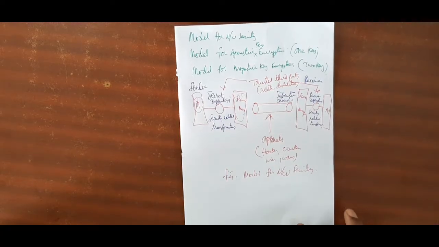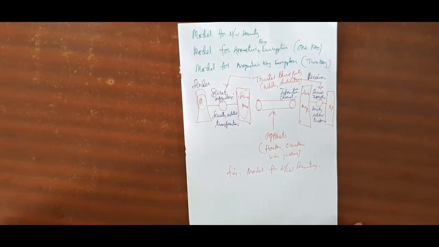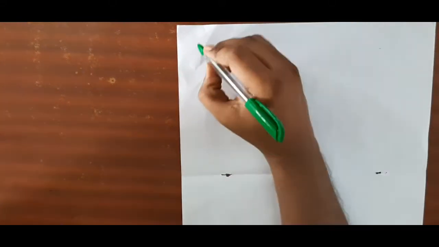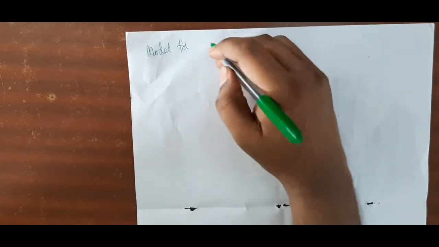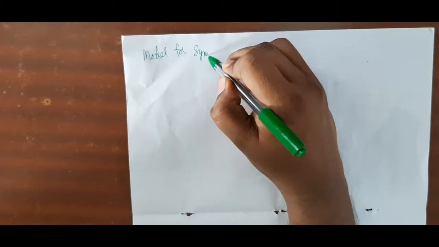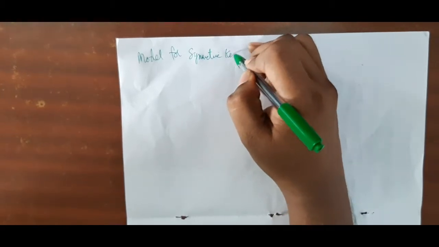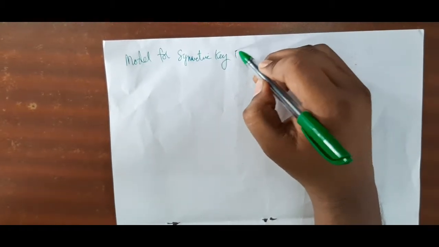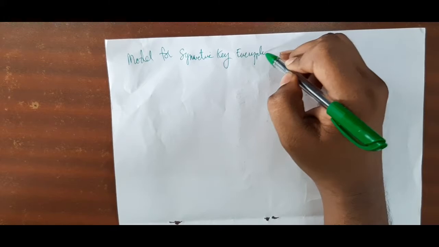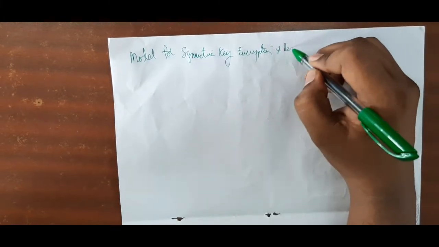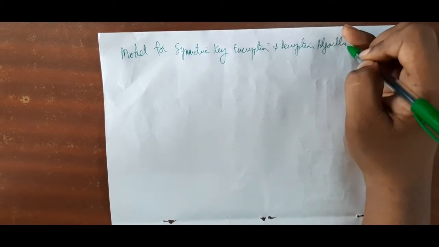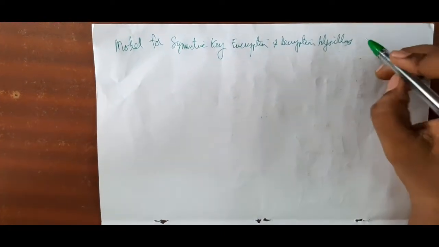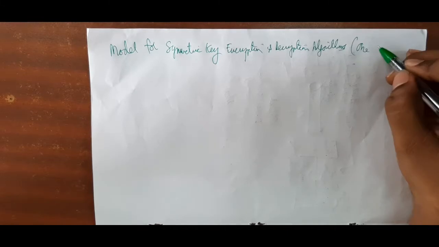Now we are going to the model for symmetric key encryption, which is also called one key encryption. Here I am going to draw the diagram for the model for symmetric key encryption and decryption algorithm, which we call one key.